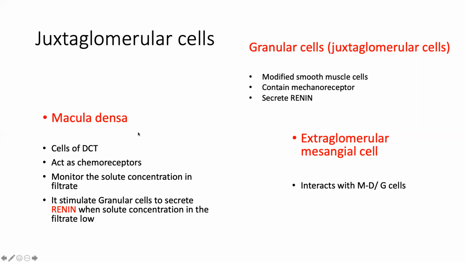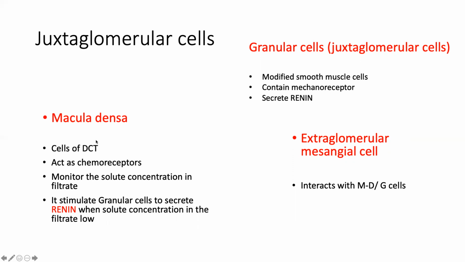The macula densa are the cells of the distal convoluted tubule or the loop of Henle. They act as a chemoreceptor and they monitor the solute concentration in the filtrate, and as appropriate, it stimulates granular cells to secrete renin.